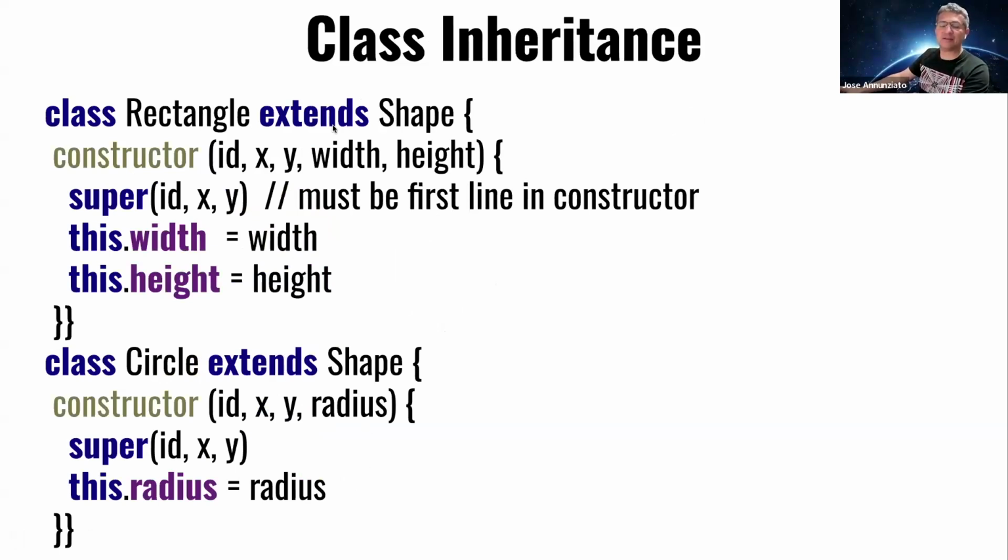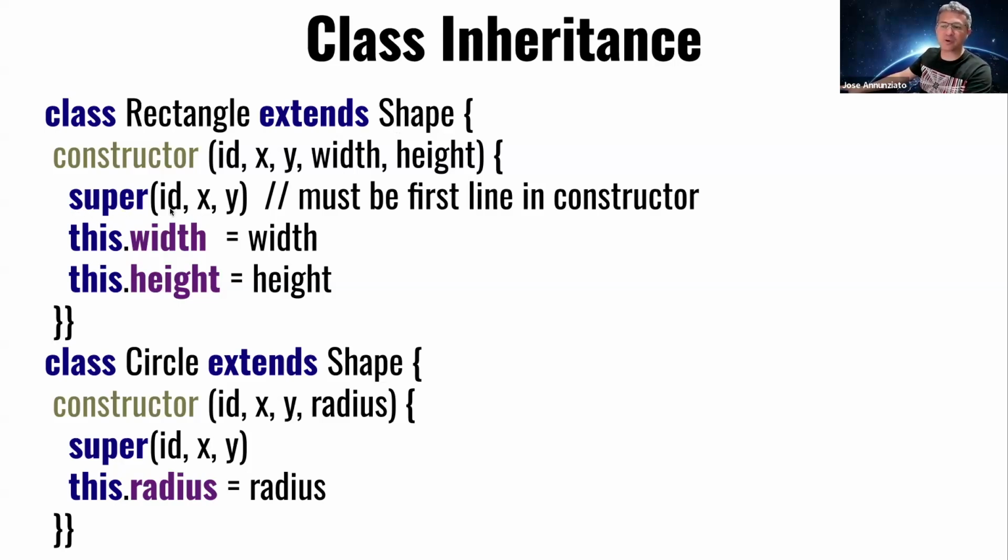You can extend, so you can have inheritance, where here you have a rectangle extending the shape class. You might take in the constructor other properties that make sense for a rectangle, like width and height, and the more abstract properties such as ID, X, and Y can be used to initialize properties that have been inherited from the shape, the super class.